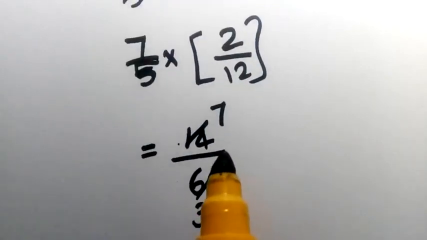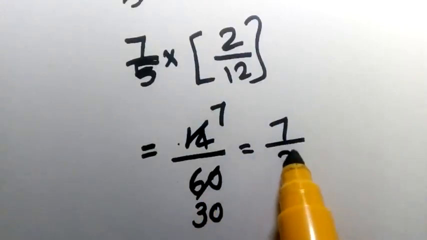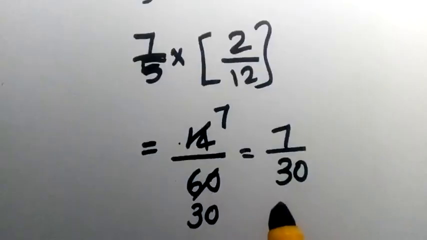So the lowest form of 14 by 60 is equal to 7 by 30. So we found the answer for the given question by using distributive property. So children, if you get a question like this, first take the common term outside and write the balance numbers inside the bracket and then solve it. Okay.